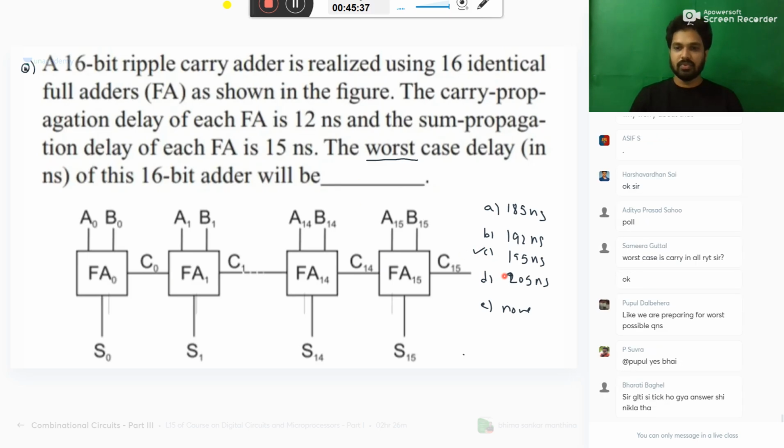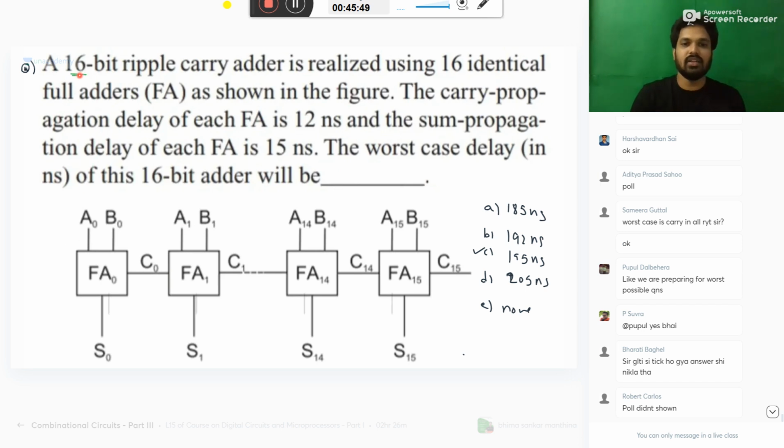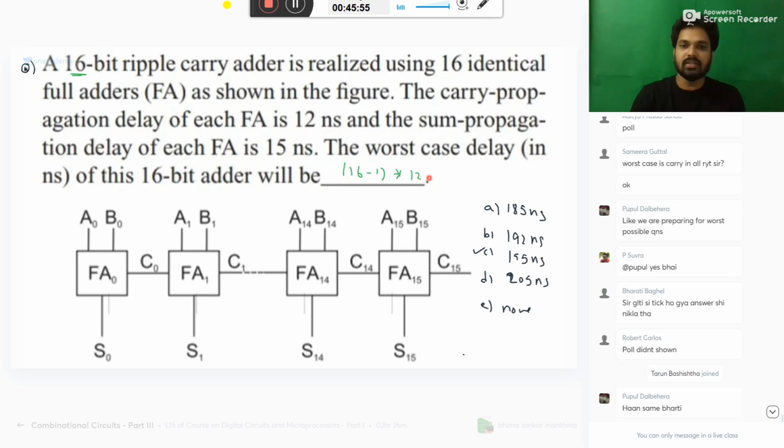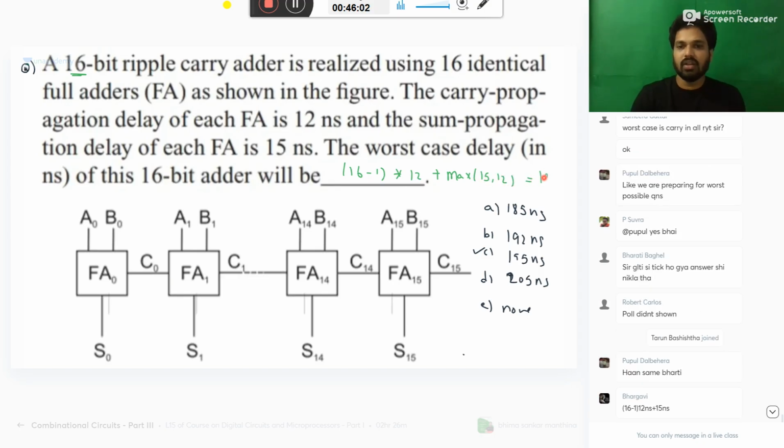This is very simple. No problem. What is the formula here? N minus 1, where n here is 16. So 16 minus 1 into carry delay 12, plus maximum of 15 comma 12. That will give you 195.